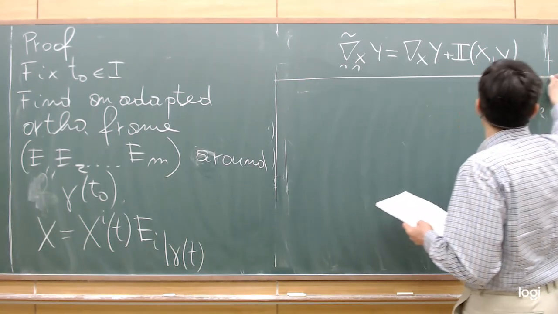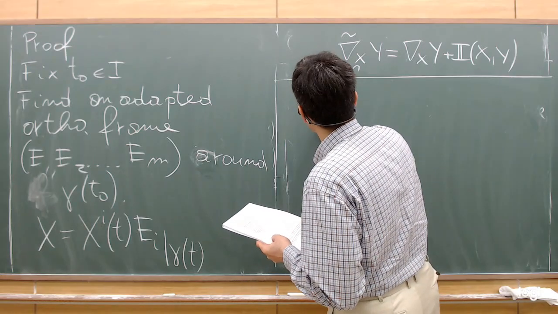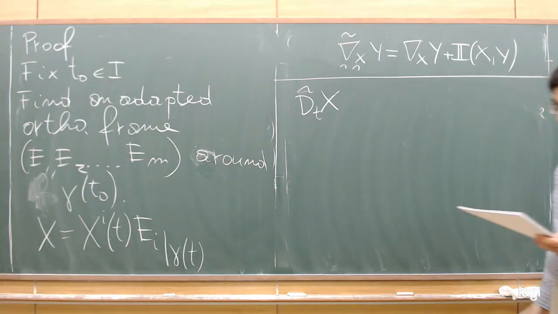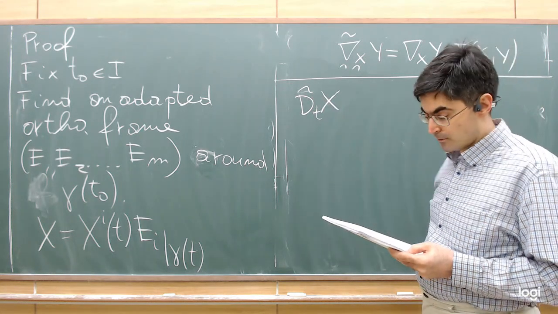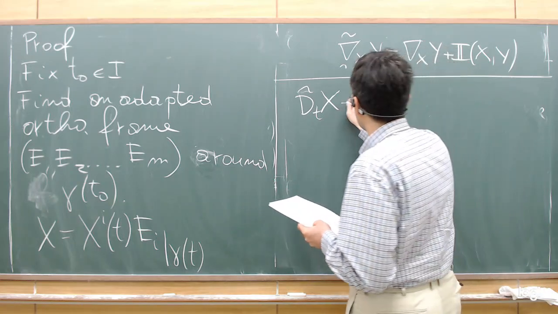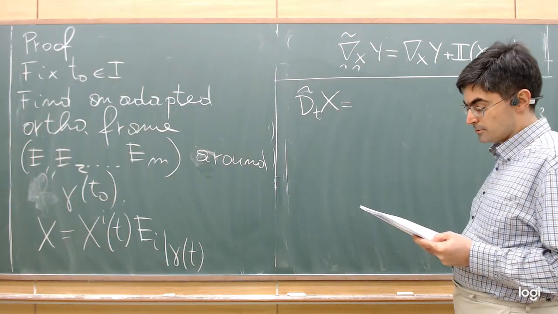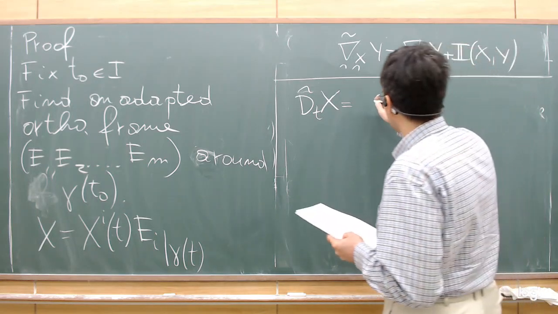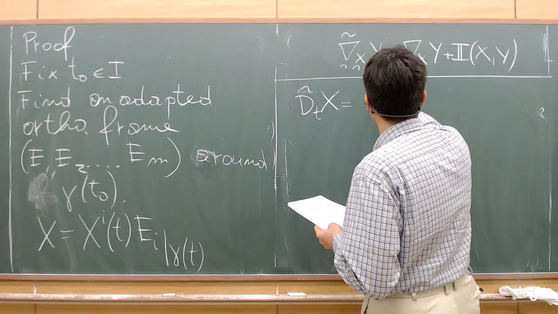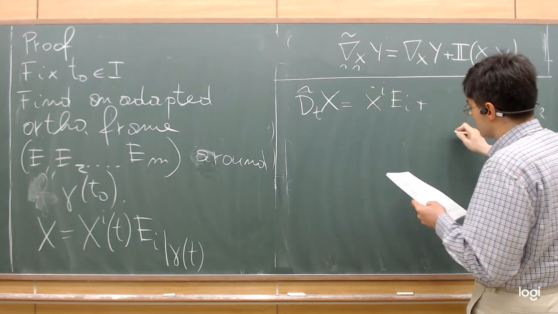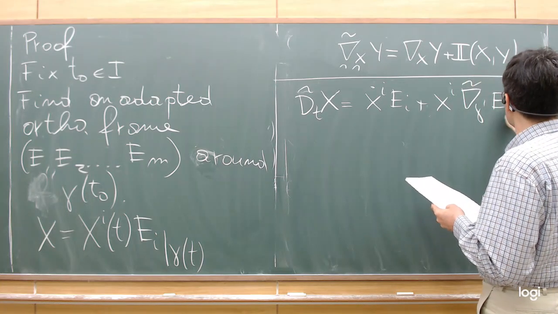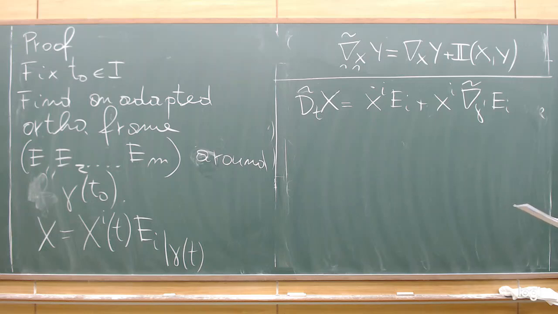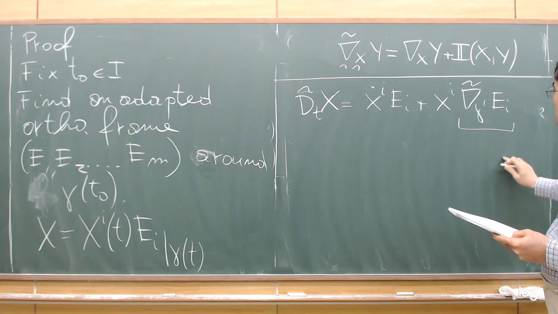Then the covariant derivative along gamma of X with respect to the connection of M tilde can be written down using the product rule. So I have x dot i Ei plus xi nabla tilde gamma prime Ei. Now, for this term, I will use this formula.